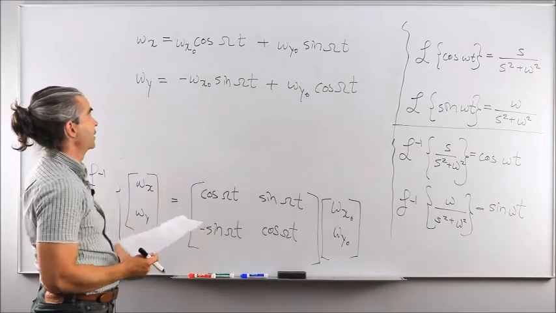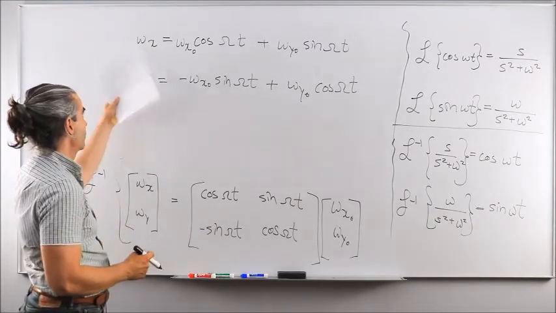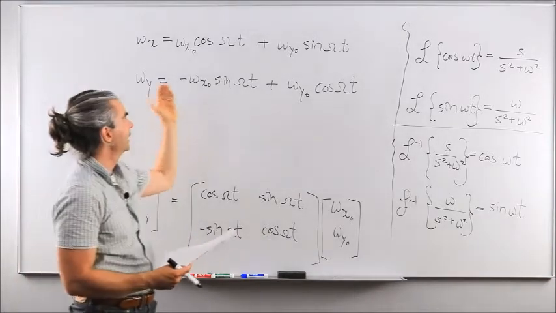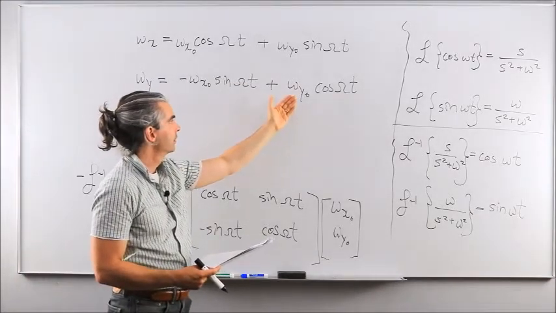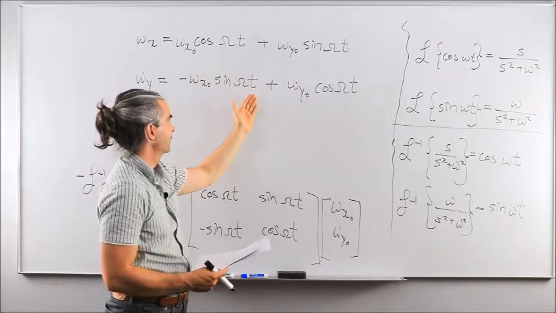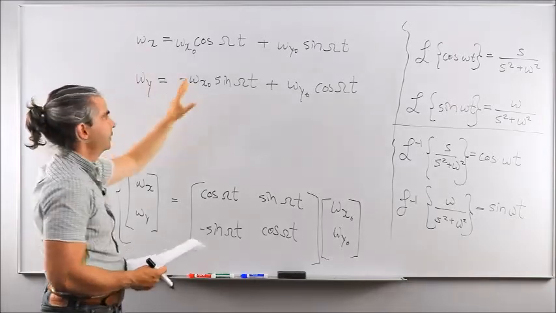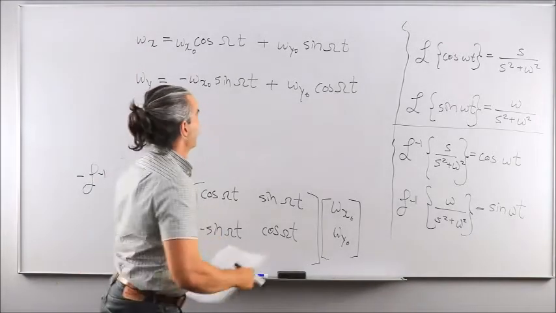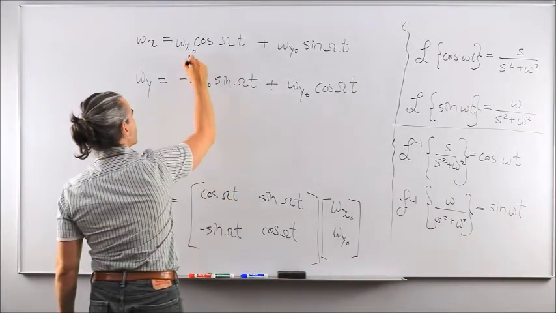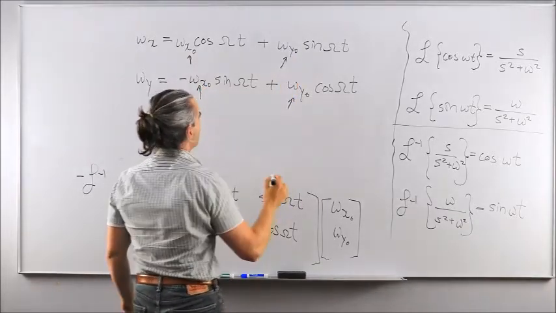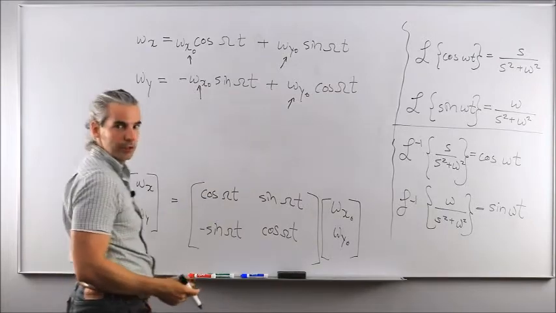And that would be a valid solution for omega x, omega y as function of time. Right? These are analytical expressions that are time explicit. So if you want to know the value for omega x, omega y at t equal 100 seconds, based on the fact that the motion was initialized with specific values for omega x naught, omega y naught, then you just get your answer from that.